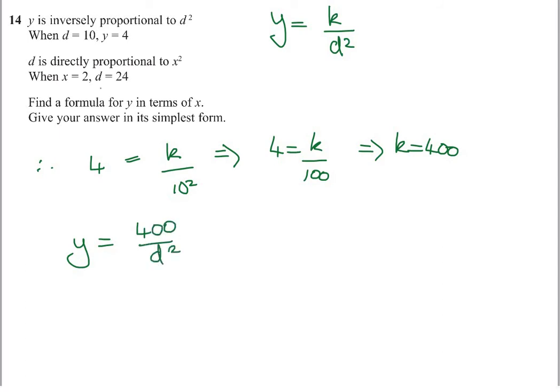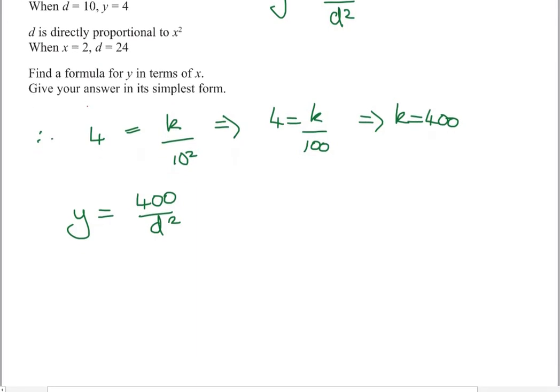Okay, let's look at the next part. d is directly proportional to x squared. Well, this just means d equals some, let's call it L, times x squared. Remember, we don't want to use the same k, as we might get confused with this one. So d is directly proportional to x squared, which means d is some multiple of x squared. And we're told that when x equals 2, d equals 24. So let's put that in.